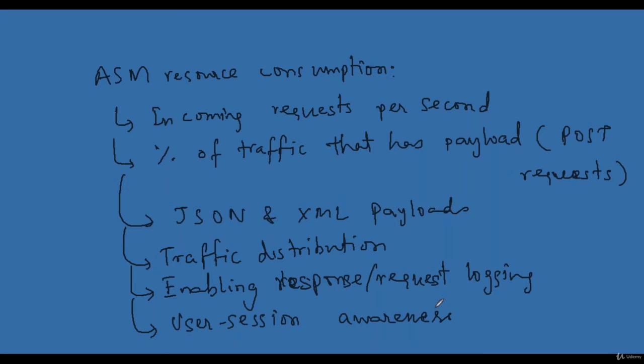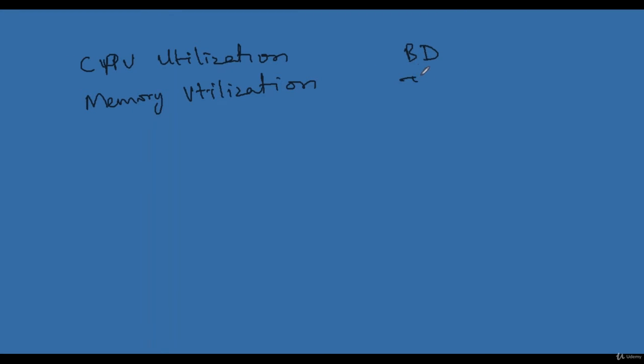So you also have specific charts which are related to CPU utilization and memory utilization. The ASM daemon, which is the BD daemon, and how much of your TMM CPU is being used for each CPU, maybe on a multi-chassis, multi-bladed system or a standalone system.